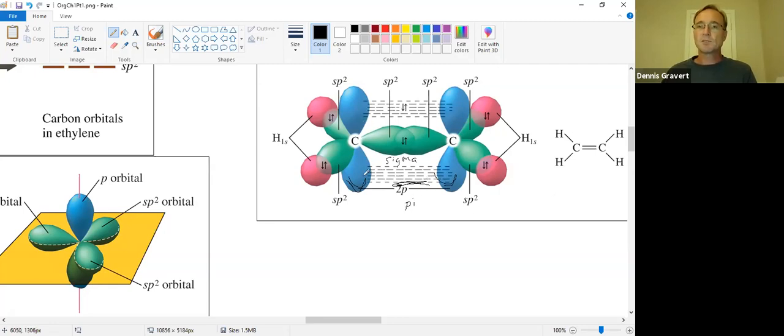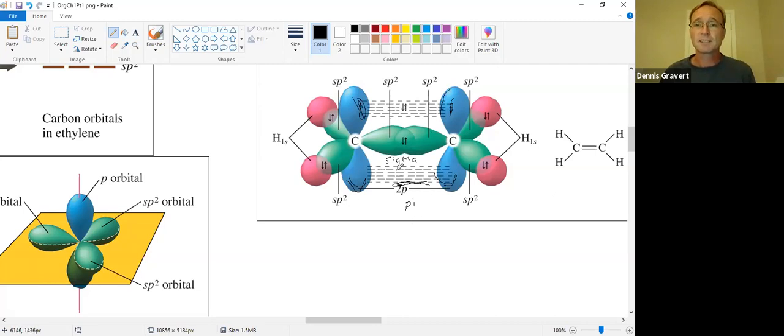Now p orbitals have two lobes. So the top lobe up here, top lobe, they're going to overlap also. And I know physically this bubble of the p orbital looks really far away, but we zoomed out. We've kind of expanded this molecule so we could see how it's constructed. In the real thing, this bond angle is really short, and that brings these lobes of the p orbitals together so they can sideways overlap.